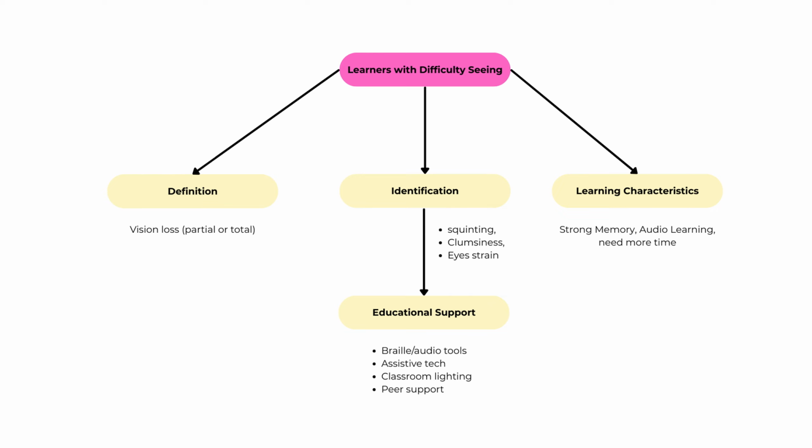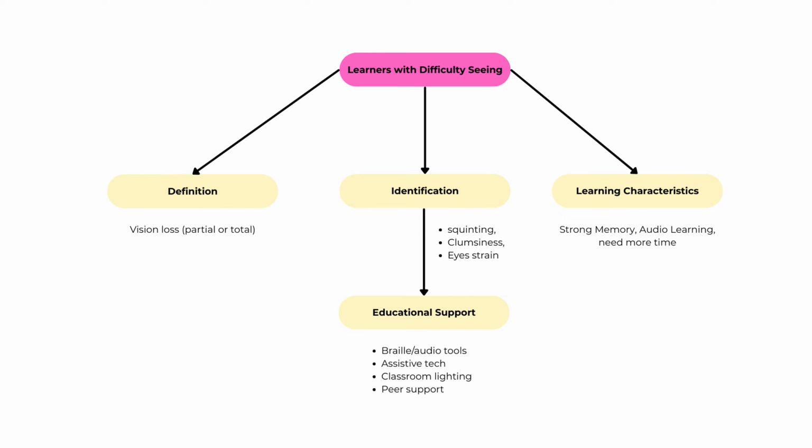These learners often rely on hearing and touch, have strong memory skills but may struggle with visual aid text, need more time and educational adaptations, including providing audio materials and using assistive technology, ensuring a well-lit and organized environment. And offering extra time for tasks, social support, and peer inclusion are also important to help them build confidence and success in the classroom.